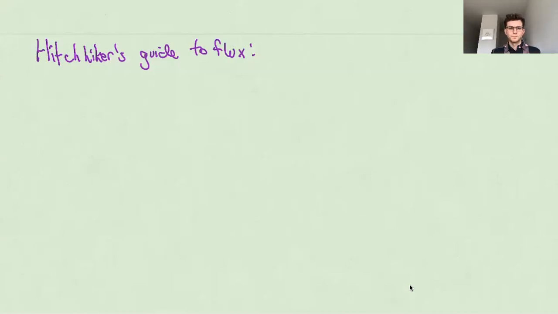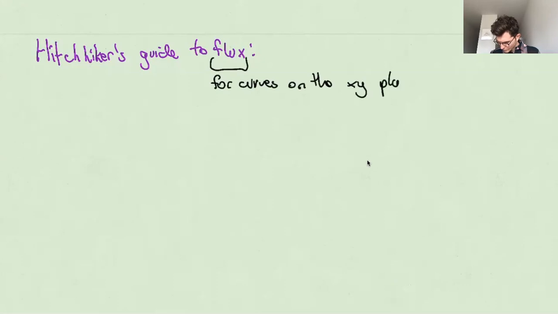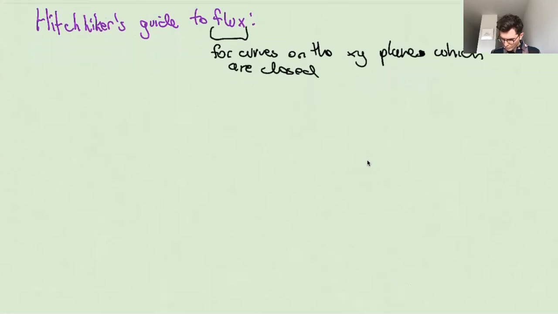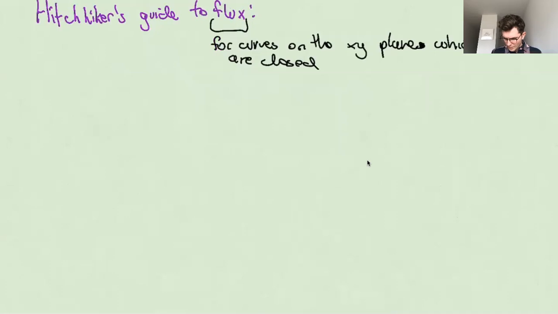So essentially, this formula of flux that I'm going to tell you right now is basically only for curves on the xy plane which are closed. So you should think of maybe a curve like this.